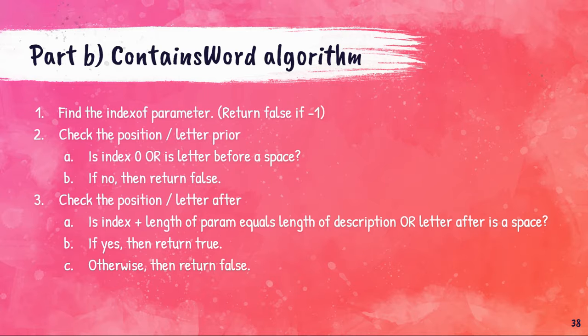So it's a little tricky to solve that particular issue. So I'm going to check to see, is the index 0 or is the letter before a space? If I do it in this order, oh wait, the index is 0. So the word disk is the first word of the description. It will not go out of bounds because, oh, this part is true. This is the short circuiting concept, right?